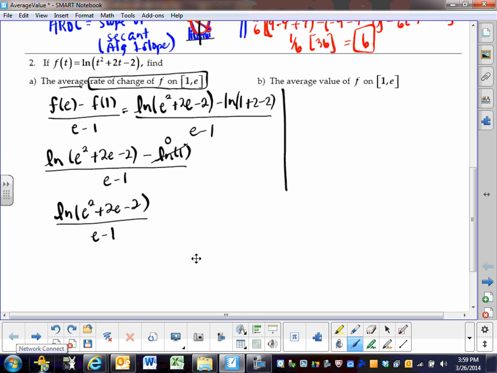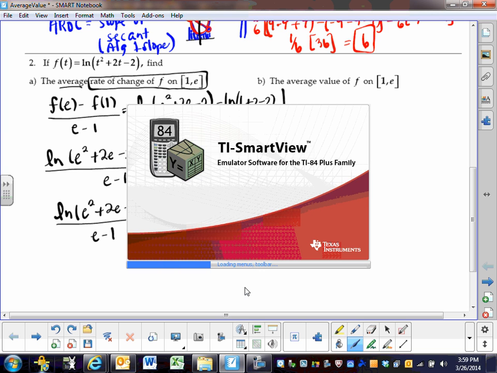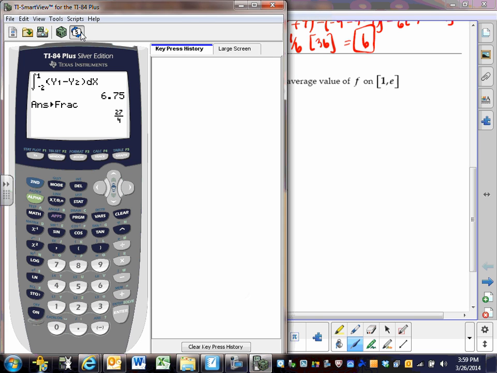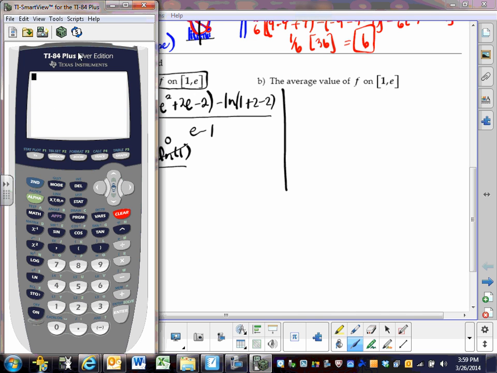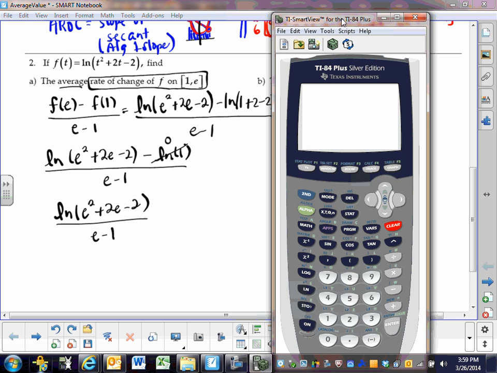So we want to talk about how we would put that into our calculator. Okay, so if I were to do this on my calculator, since I'm going to use this particular function more than one time, I'm going to store the function into y equals.